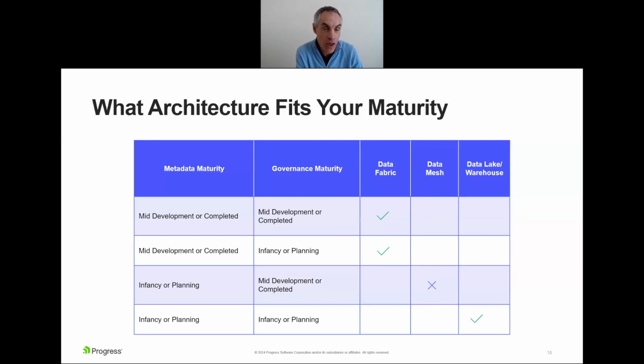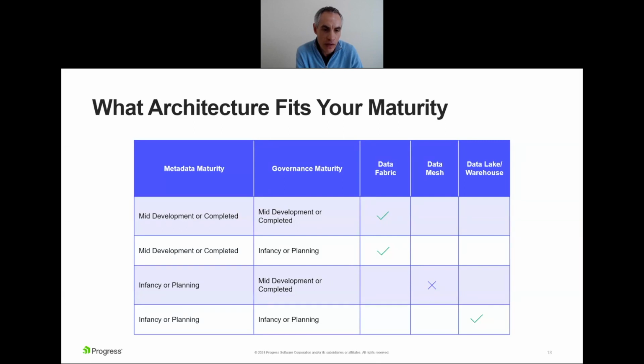For example, if you have good metadata maturity, that's really your knowledge graph, your data catalog, your business glossary, and other metadata surrounding that, and you have good governance, not only at the organizational level, but at the line of business level, then you can probably go forward with a data fabric. In fact, it's more important to have the metadata maturity than the total governance maturity. You can still go with the fabric.